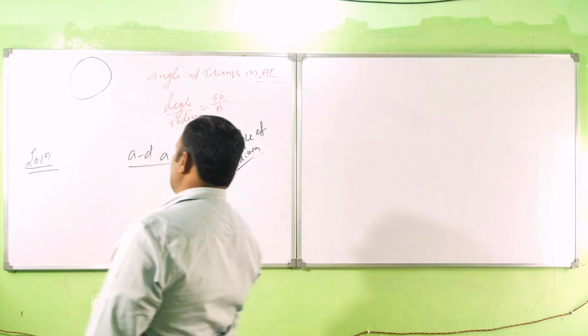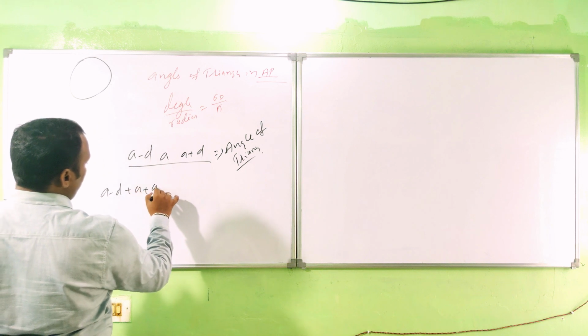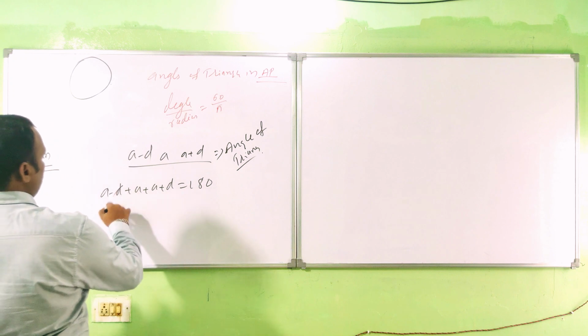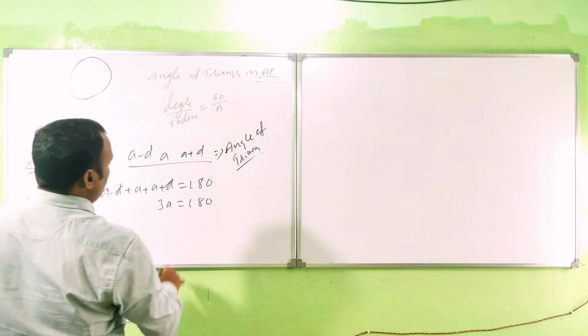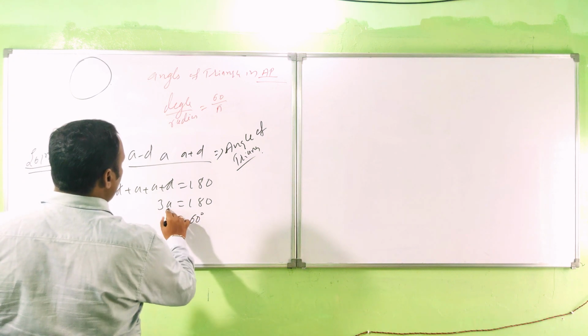Apply the condition: A minus D plus A plus A plus D is equal to 180 degree. D gets cancelled. 3A is equal to 180 degree and A becomes 60 degree.